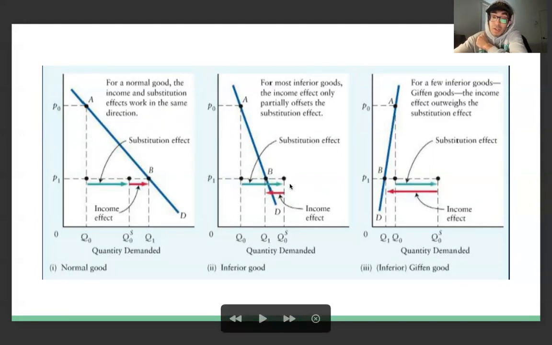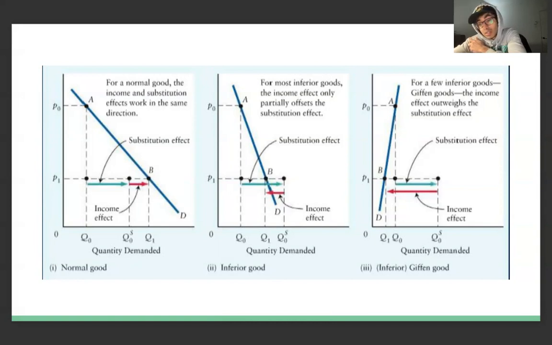It increases the quantity demanded, but the income effect here would work in the opposite direction. Because if you have a higher purchasing power, you would want to substitute away from inferior goods and towards normal goods, just like we saw in the case of income elasticity, that higher income reduces your demand for inferior goods.